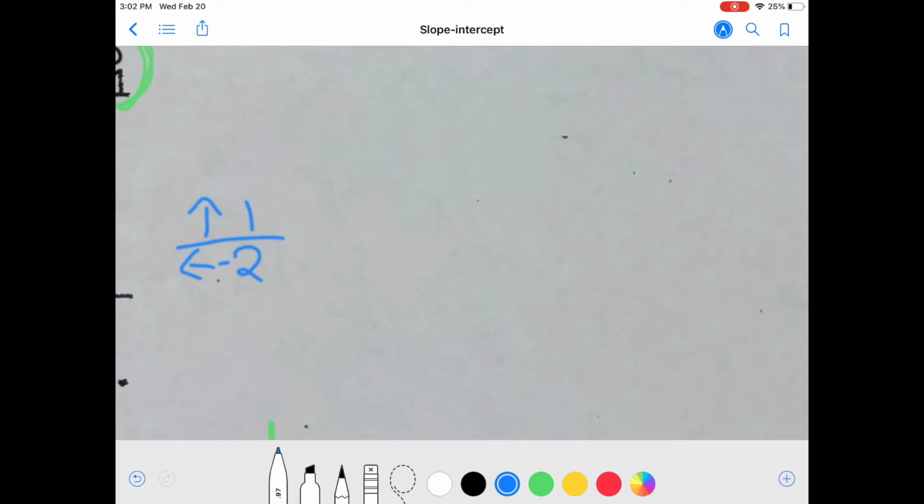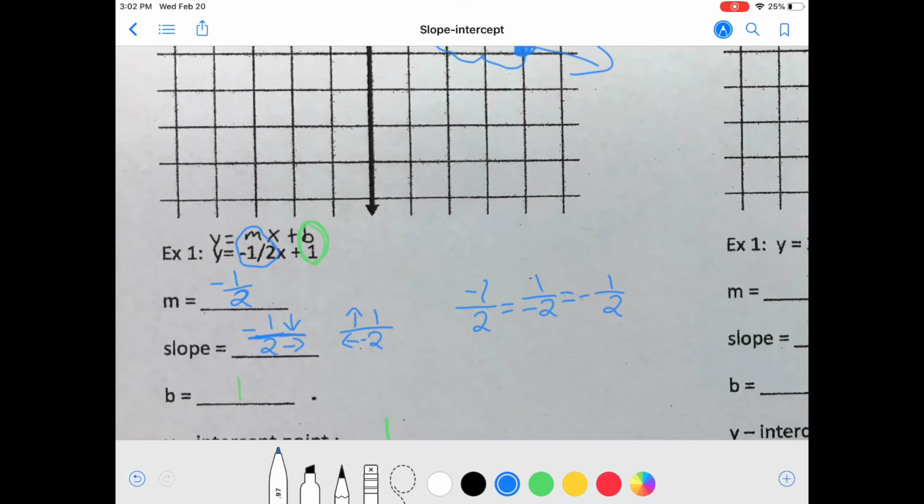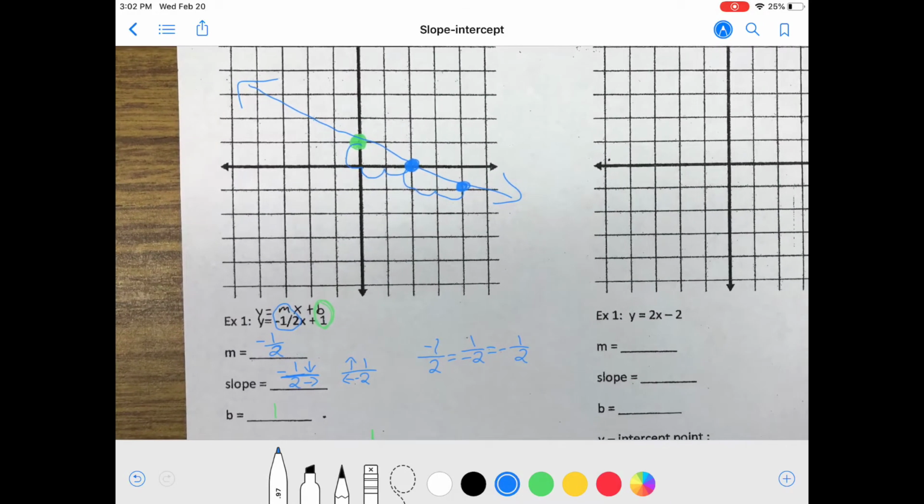The reason I can do this either way is because -1 divided by +2 is the same value as +1 divided by -2. It still gives me -1/2. So I can go back to my graph, and instead of going down 1, I'm going to go up 1, to the right 1, 2. So there's another point.